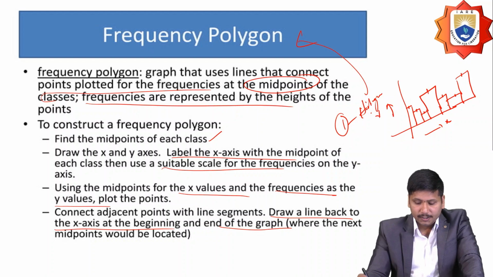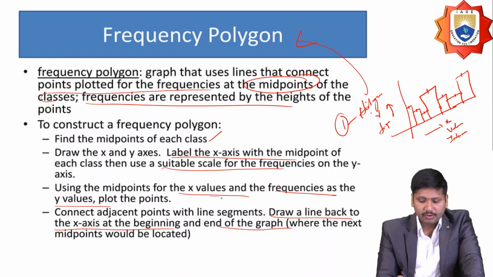Normally those frequencies I'm going to consider along the y-axis, and the intervals I'm going to consider on the x-axis. So using the midpoints of the x values and the frequencies, plot the points.